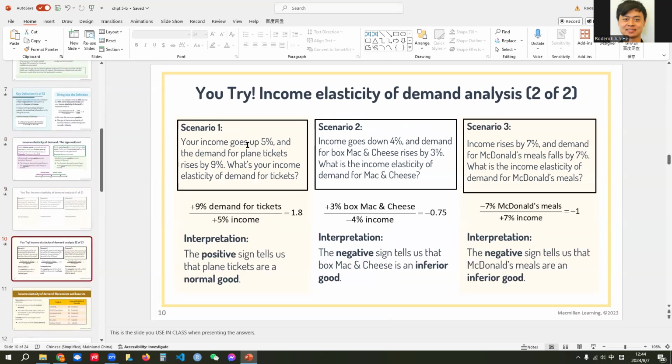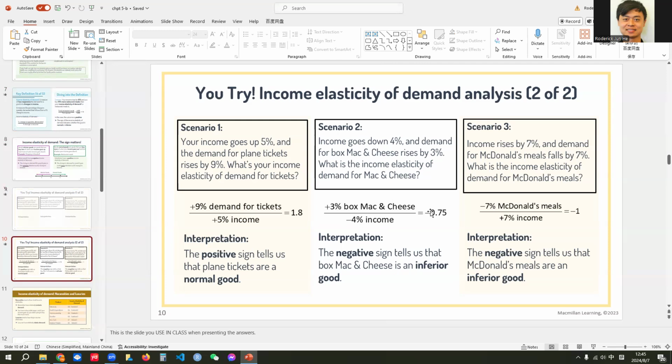For instance, if your income goes up by 5% and demand for plane tickets rises by 9%, what's your income elasticity of demand for tickets? Well, that's positive. That indicates it's a normal good. If your income goes down 4% and demand rises by 3%, so there is a positive 3 as the consequence, that's in the top. And 4%, that's your income, that's the trigger, so that's in the bottom.